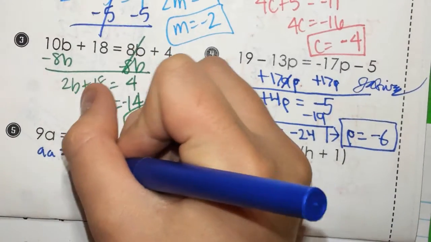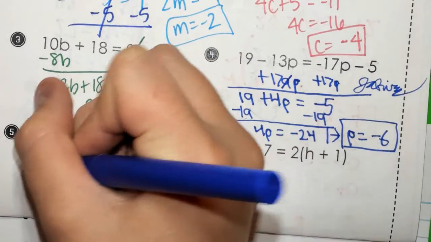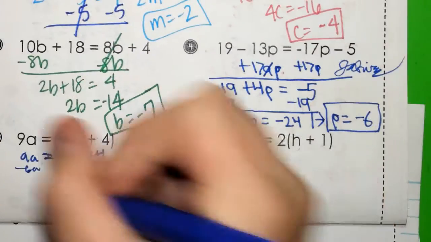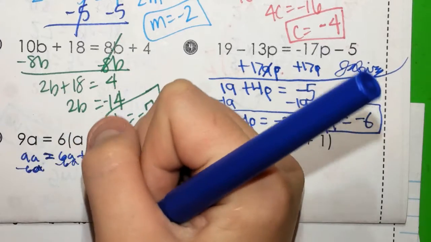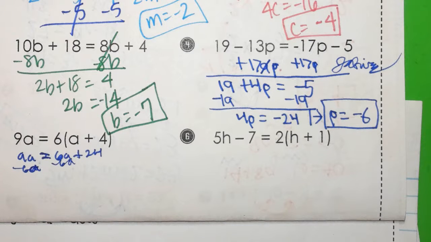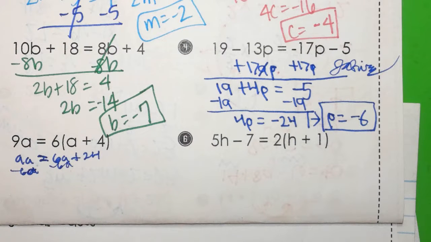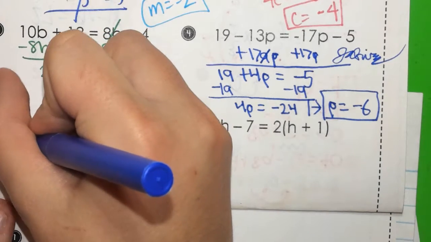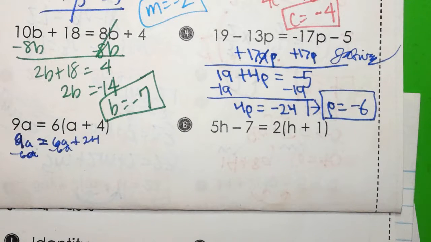And then check 6A, check 6A. That's a 9.